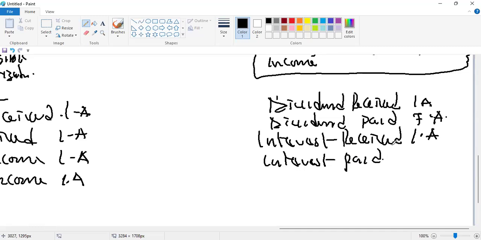Interest paid can be financing or operating. There's an argument over the treatment of certain items in our classification, such as interest paid. Some people argue that interest paid is financing. Some say no, it's operating.